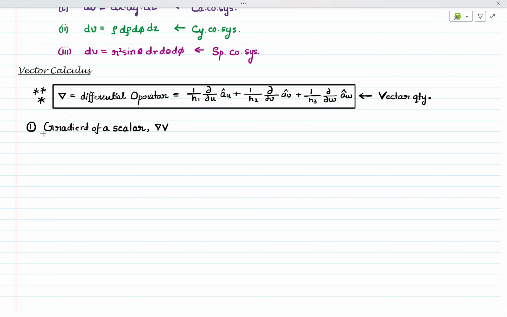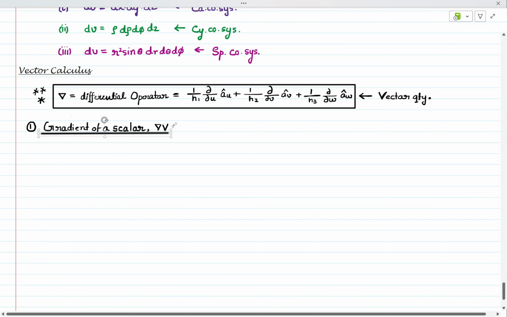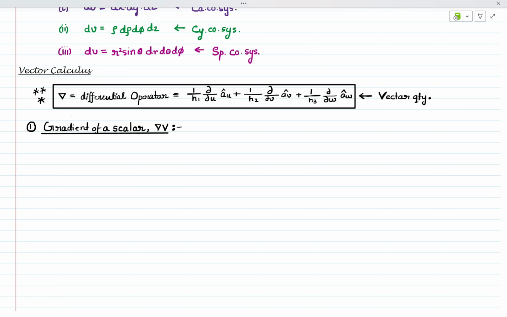This del is nothing but the differential operator, and this V is nothing but a scalar quantity.